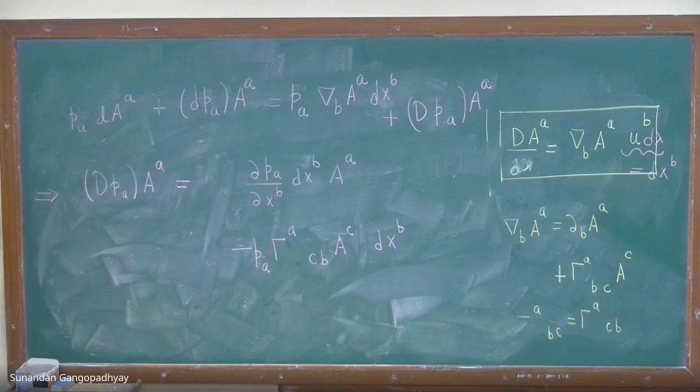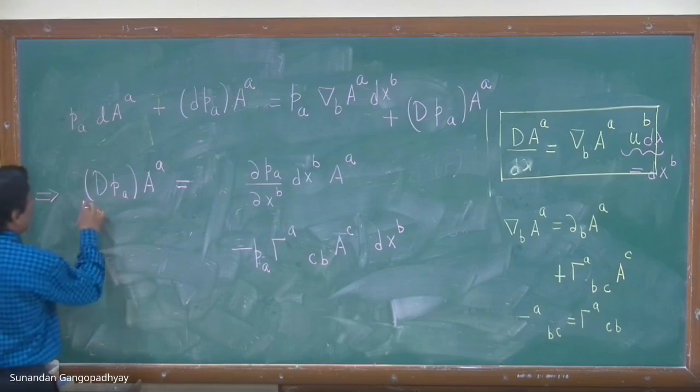Let me just check AA, BPA, this is equal to what? It's equal to AA, del BPA. Okay, this is fine. Gamma A, CB, AC, PA, UB. Fine, fantastic. So now what I shall do is I shall divide by d lambda.